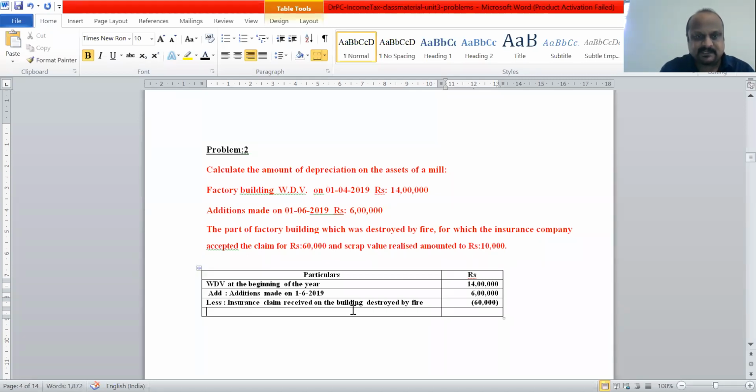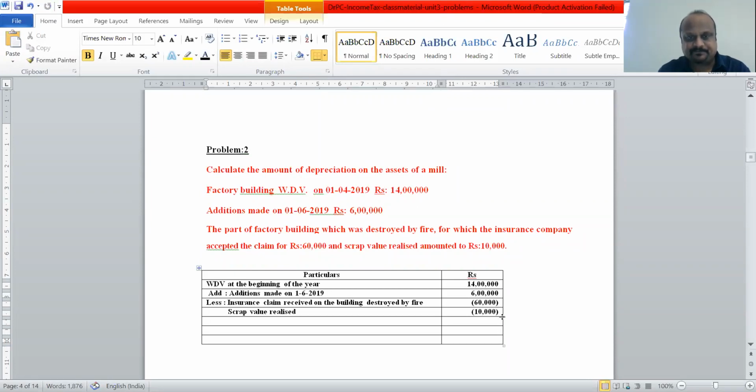Then one more thing is the scrap value realized. They received how much? 10,000 rupees there. They received 10,000 rupees.